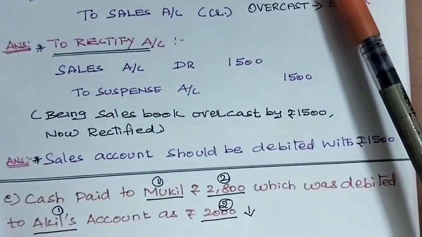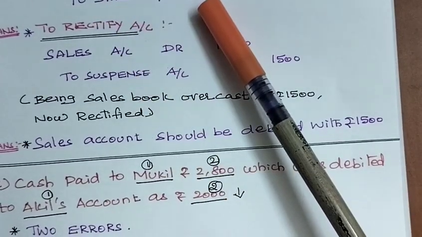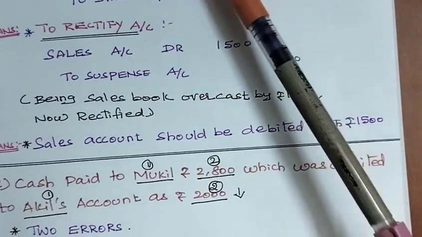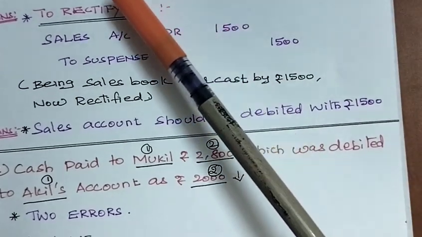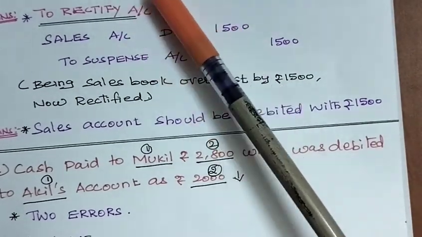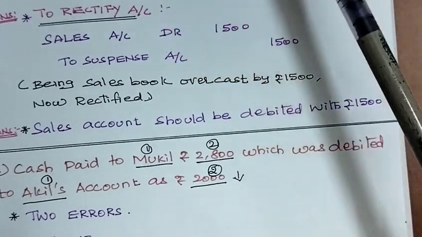Sales account is credited. What is the error? Overcost 1500 rupees is the error. How do we rectify? We have to debit that sales account, then only the error will be rectified.